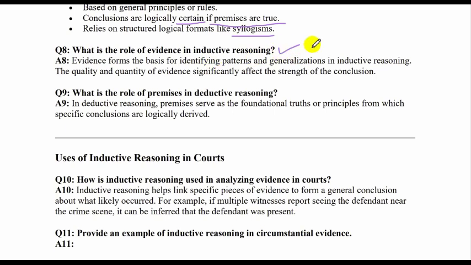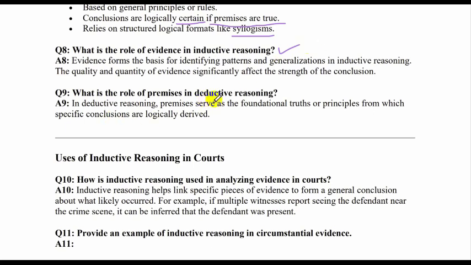Because in inductive reasoning we do not have direct evidence, but the evidence is in the form of some kind of pattern or some kind of generalization or observation. So we use that kind of evidence to come to an inductive conclusion. Here, when we use inductive reasoning, the quality of the evidence, that is how good that evidence is or how much evidence we have, significantly affects the strength of the conclusion.